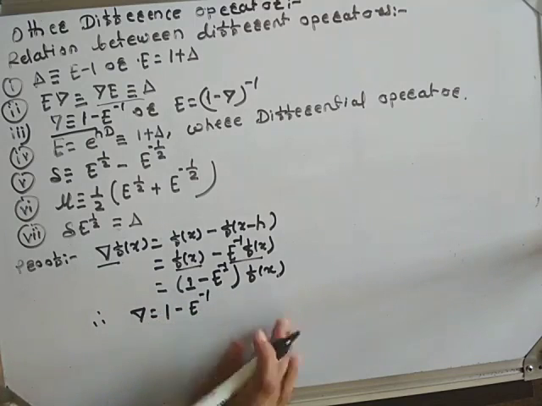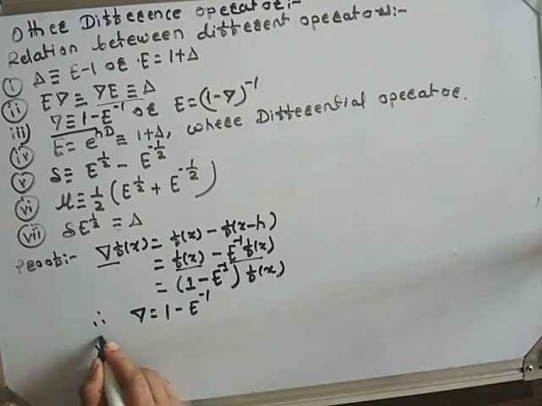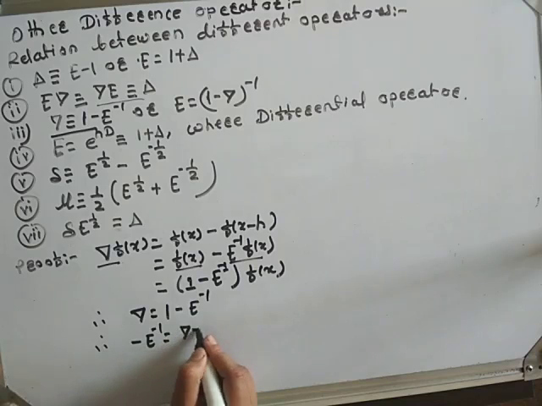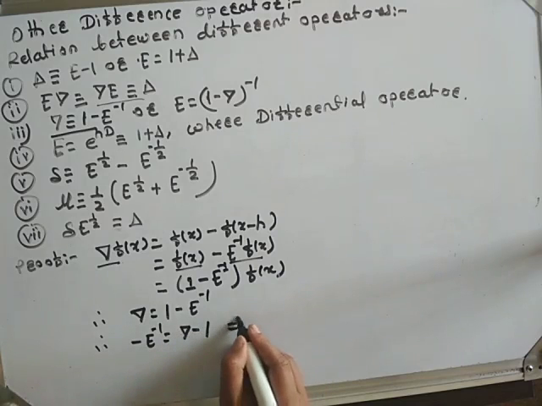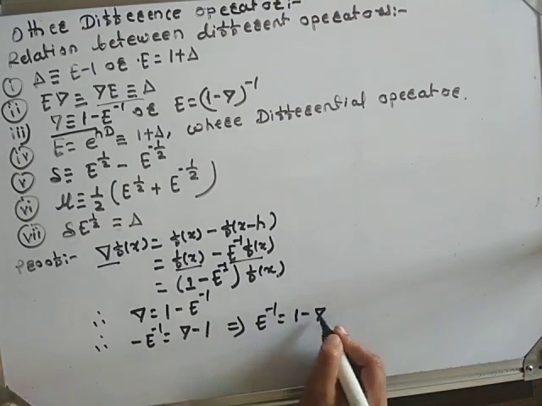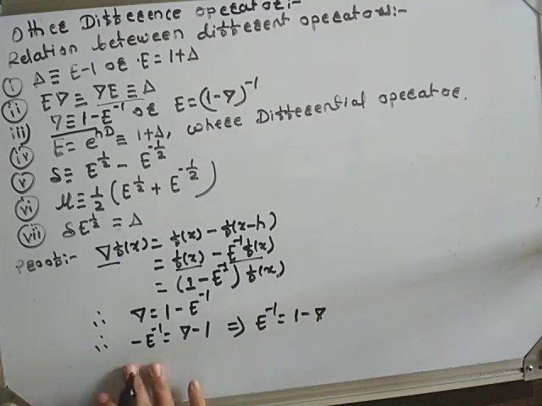Therefore minus E inverse is equal to del minus 1. That implies E inverse is equal to 1 minus delta. Multiply on both sides by minus 1.